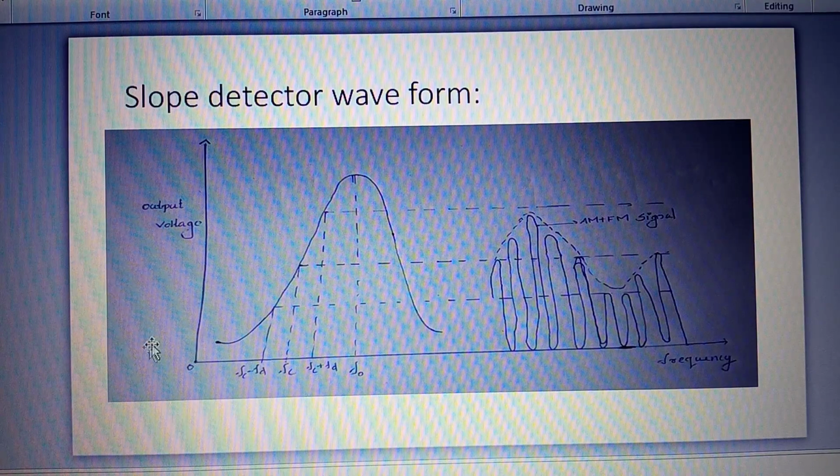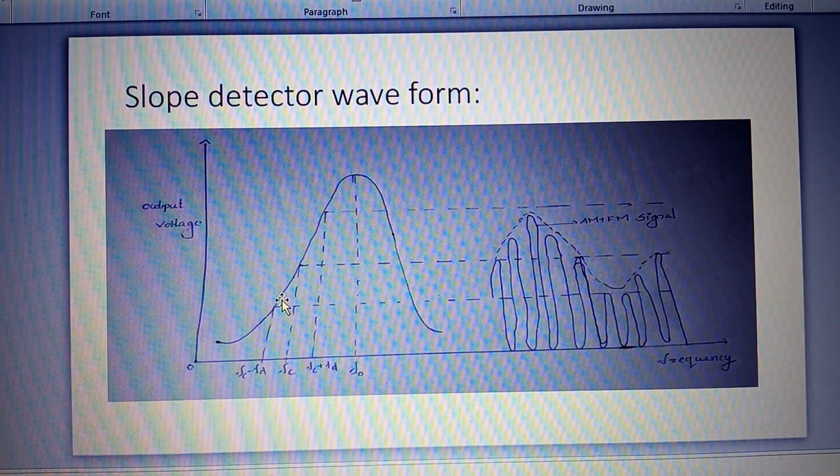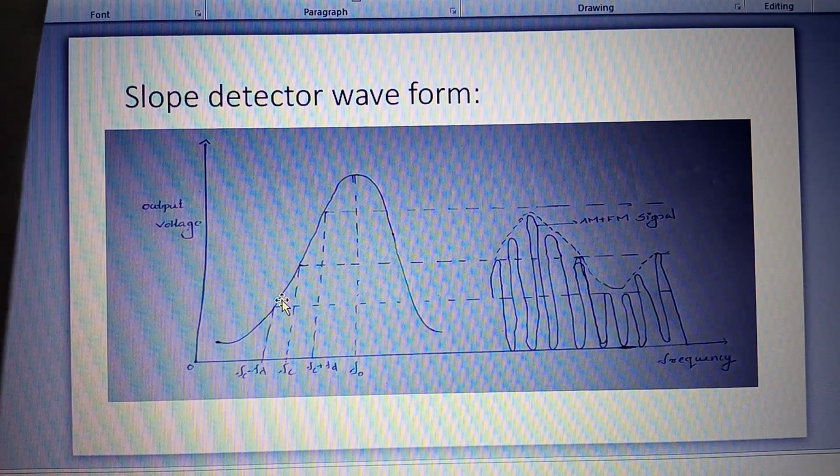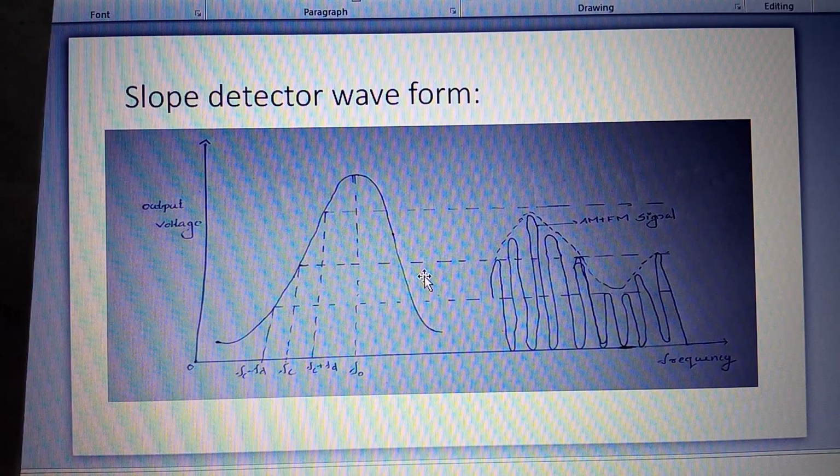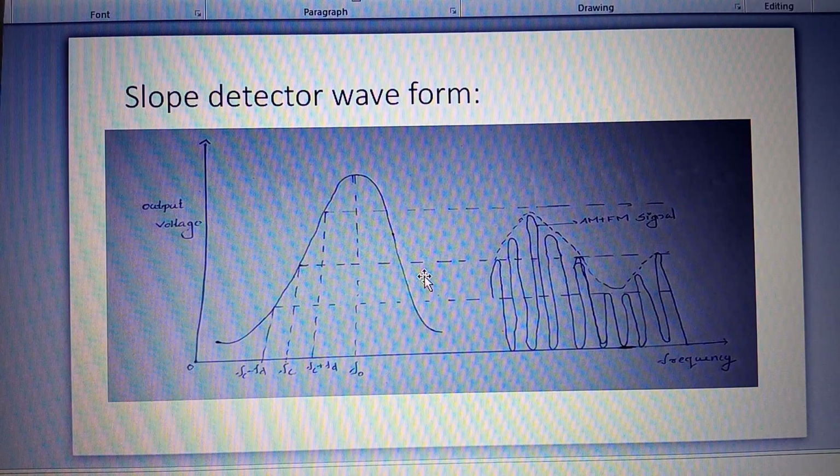So this is the waveform of the response curve to explain the working of a simple slope detector. What we see here is the response curve of the tuned circuit in the slope detector.